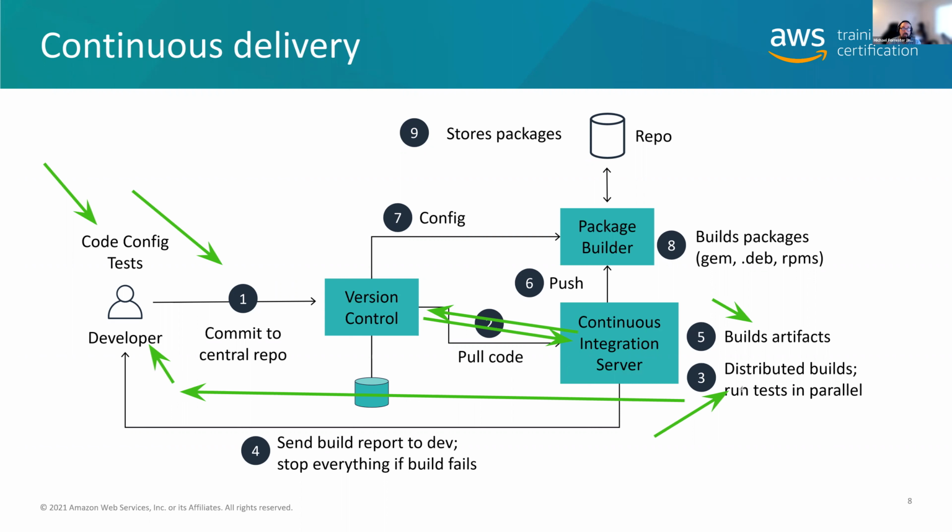The artifacts are like the jar file, the zip file, whatever. And then it's going to push it to a package builder. It might even grab some configuration from the original version control, build whatever deployment package needs to be built, and store those packages in an artifact repository. It says repo, but they're not the same.